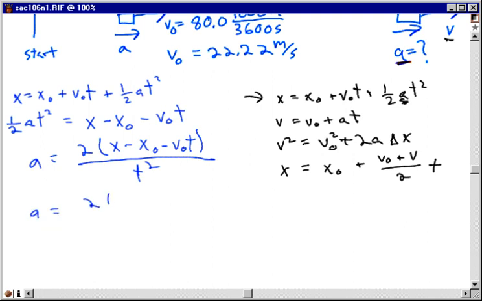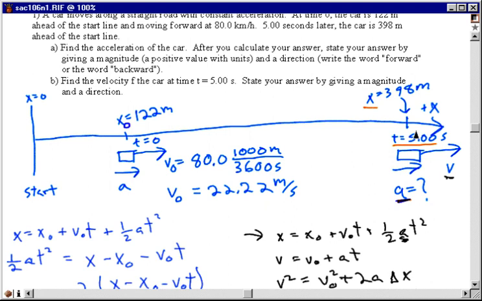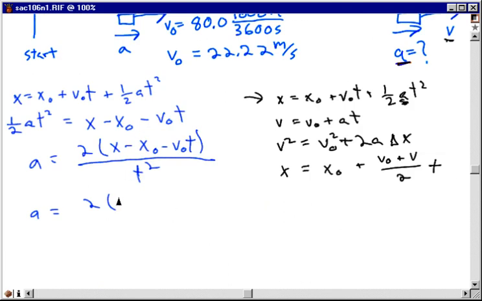That's 2 times the x was 398, x0, by the way, 122. So 398 meters minus 122 meters minus v0, 22.22 meters per second in SI units, and I've got to get everything in SI units for the units to work out. And the t, I remember, as being 5 seconds.